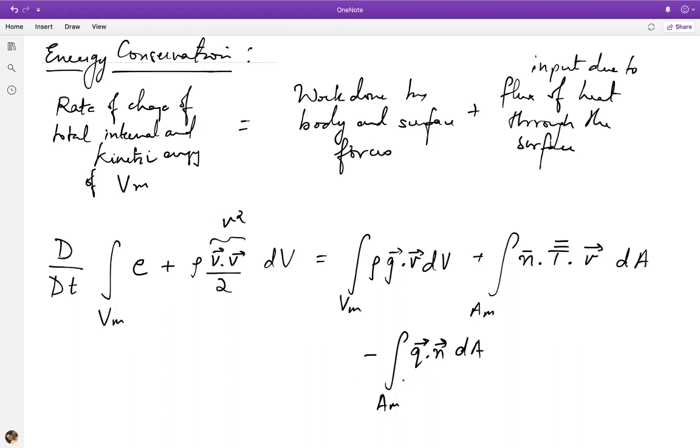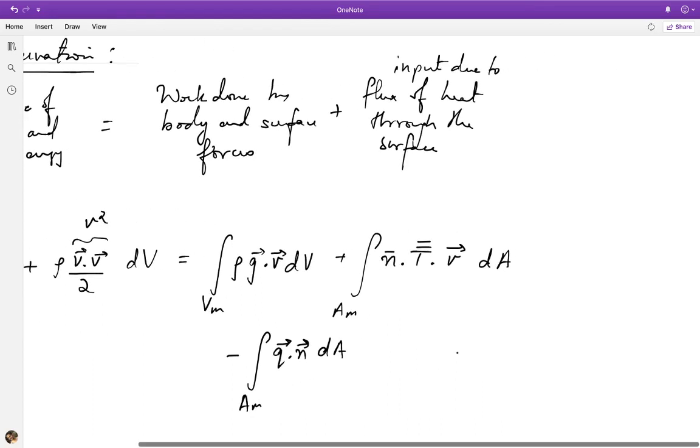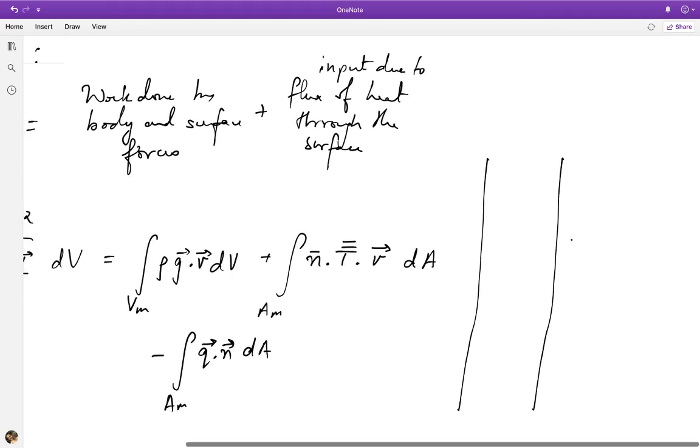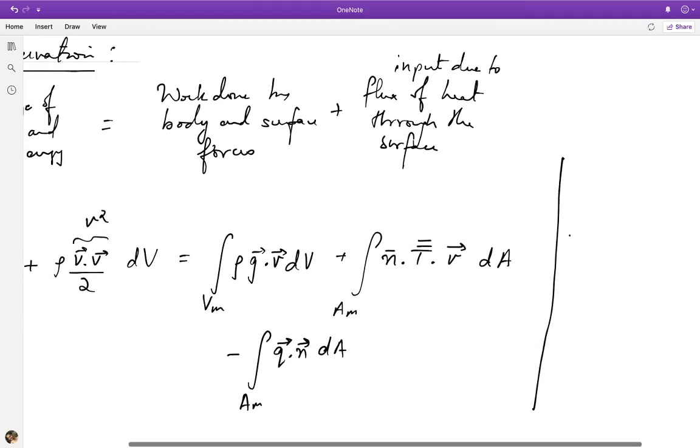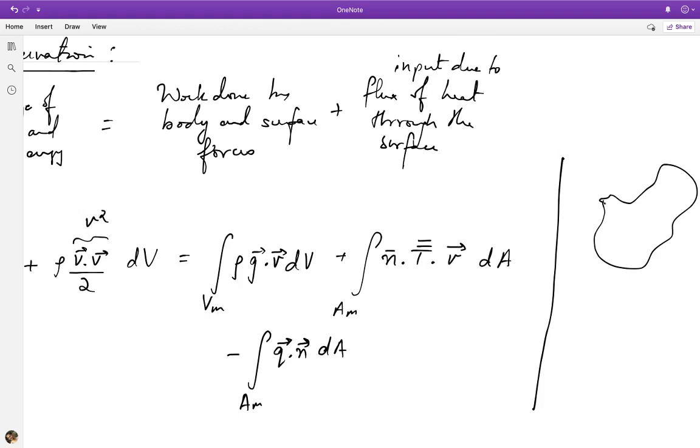Okay, so this term deserves some additional explanation. Yes, so the idea here is that you imagine that you have the moving control volume resting inside the fluid. Now at every point we say that we can define a flux vector. So at any given point we can define a flux vector q, which gives us the local direction and magnitude of heat flux at that point.